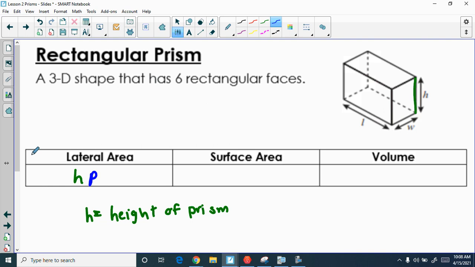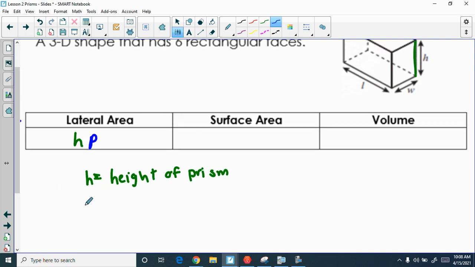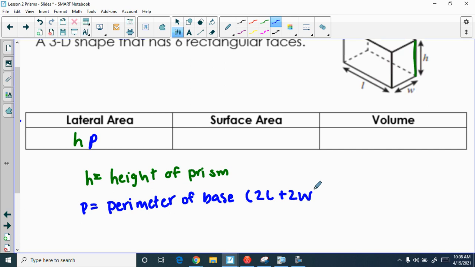The perimeter is going to be the perimeter of the base. So for this shape, because it's a rectangle, it's 2 times the length plus 2 times the width. So that's our lateral area.